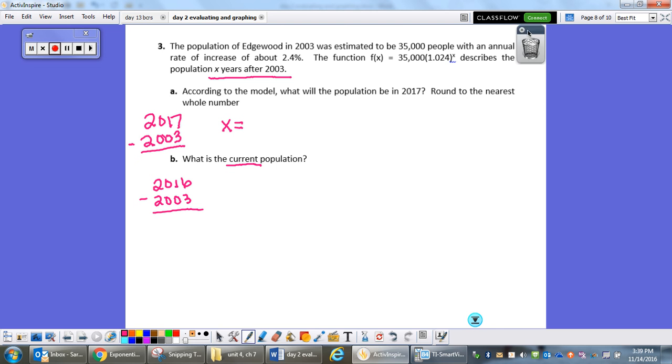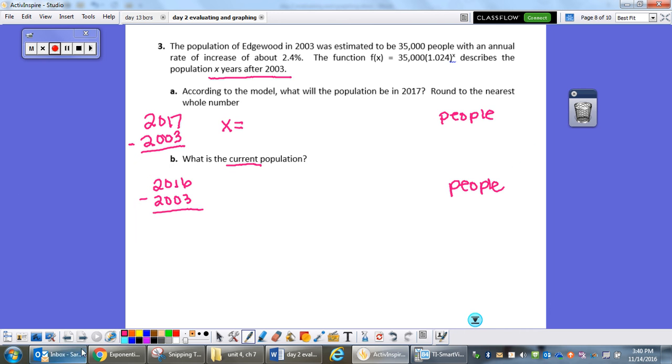Also keep in mind that your answers are going to be populations. So it's people, but I also think it's in millions. So you can see that, oh, just kidding, no it's not. It is just people. So we got the 35,000 and your labels are in people.